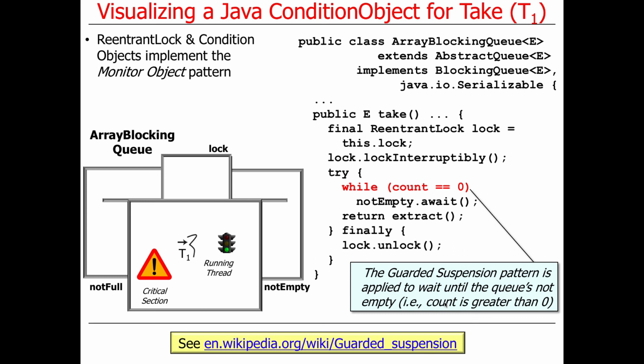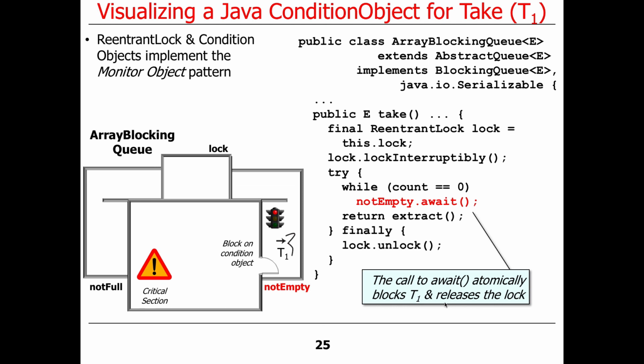And then when it discovers that it can't make forward progress because there are no messages, it parks itself in this little waiting room, the not empty waiting room. So the thread comes into the not empty waiting room, and that, as you recall, will atomically block the thread and release the lock. So the lock is now available for somebody else to use if they want it.